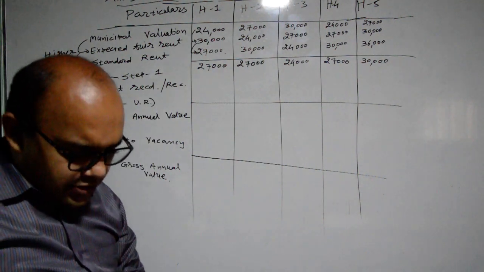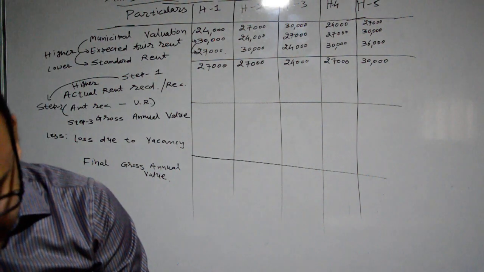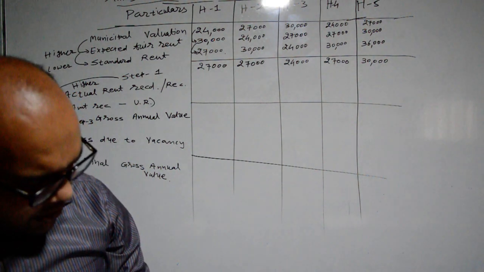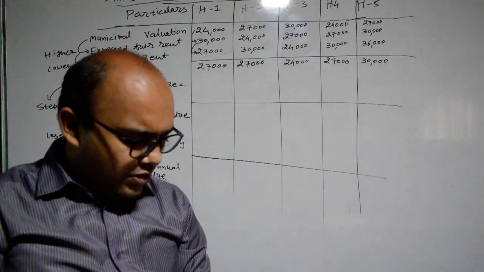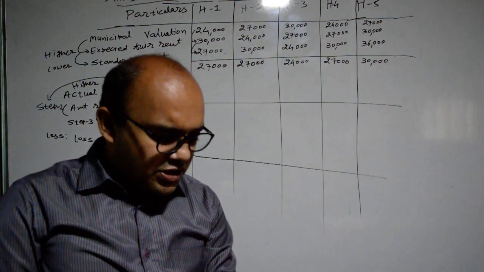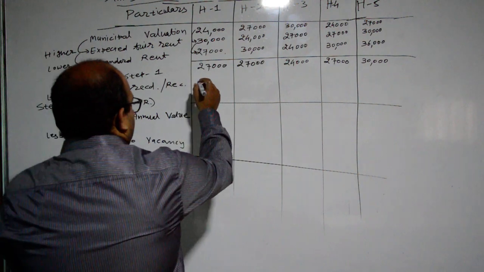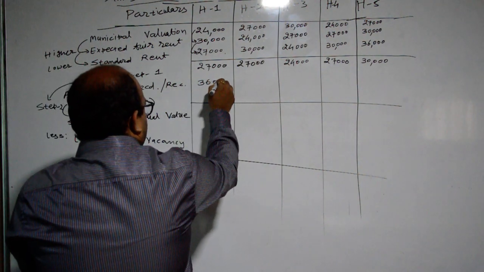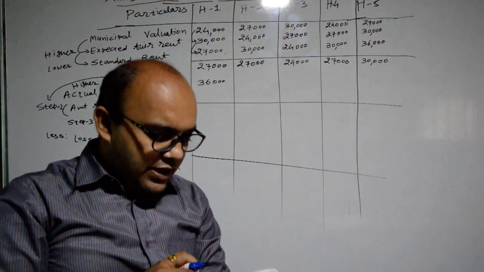In the first house there is no irrecoverable rent, please check the dash. No information is provided, so actual rent received is rupees 36,000, and no deduction is required.